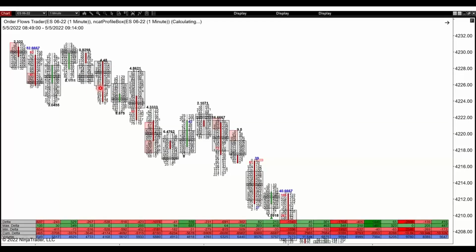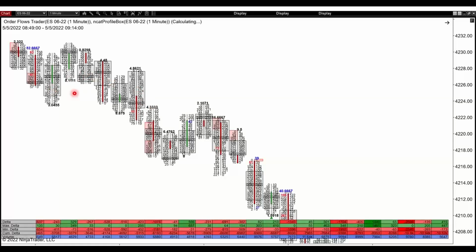So what we've done is we've added a box around the profile, a box around the footprint to show the value area. So you can see where 70% of the volume did trade in that bar. And you can see relationships to price and volume, the point of control, where they appear in a bar.